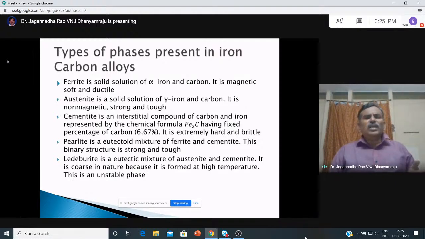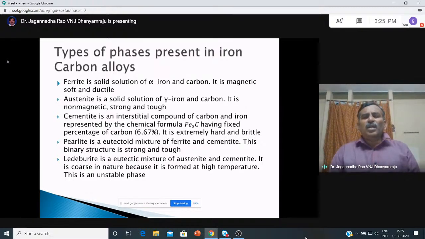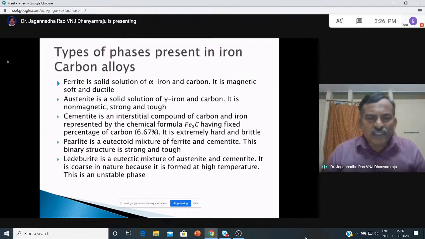So the solid solutions are available over a range of compositions. Your ferrite is a solid solution and your austenite is a solid solution, but your cementite is not a solid solution. It is an interstitial compound of carbon and iron represented by the chemical formula Fe3C having a fixed percentage of carbon, that is 6.67.